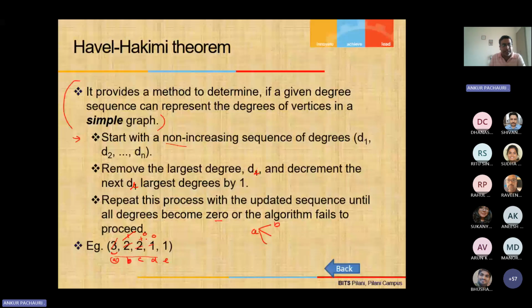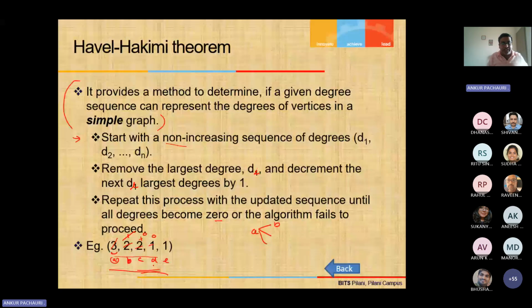Then we get 0, 0, you'll have to stop, and this is left. So by this way, this sequence is not a valid sequence. You cannot construct a graph if you're given this sequence.